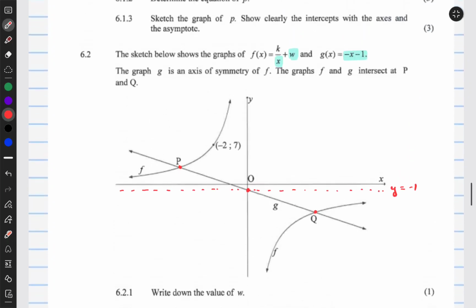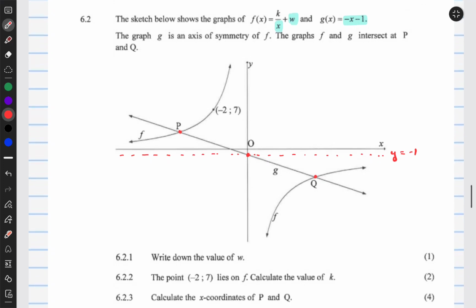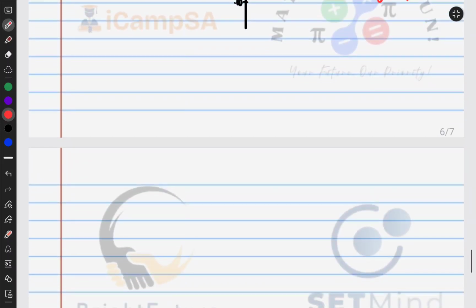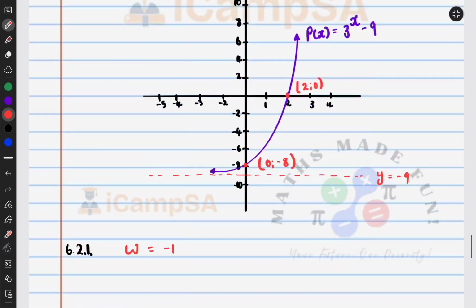What does the w variable represent in our equation? It is the asymptote. So w is going to be equal to -1 for 6.2.1.